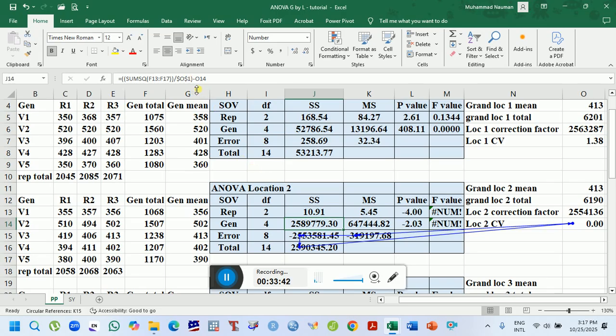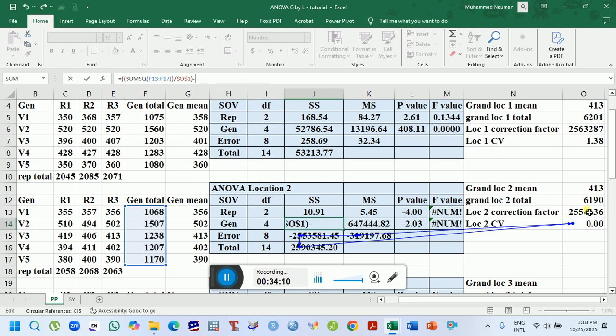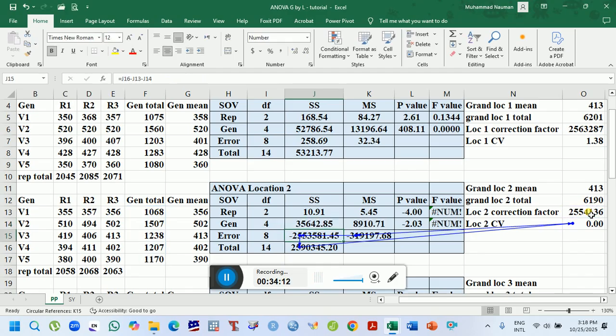So we have put O14 in each and every cell of this column of sum of square. Correction factor, select correction factor, press enter.